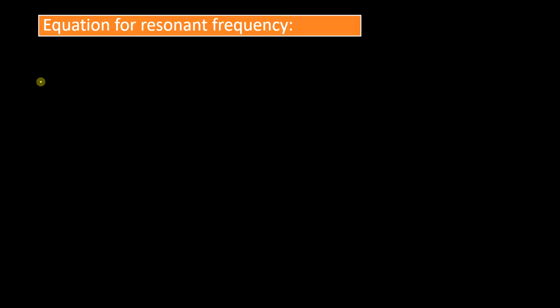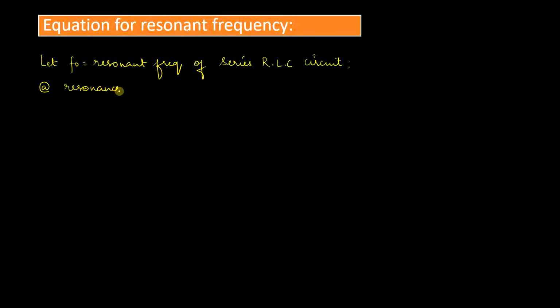So let us consider in this case F0 to be the resonant frequency of the series RLC circuit, and at resonance we have the condition that XL is equal to XC.